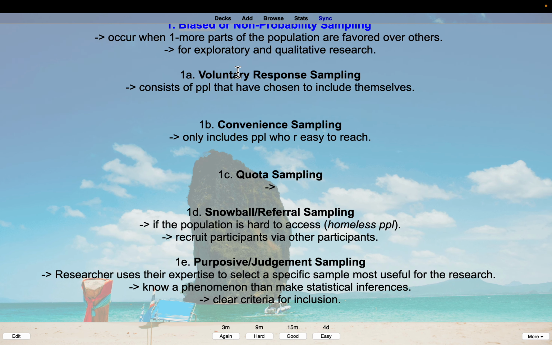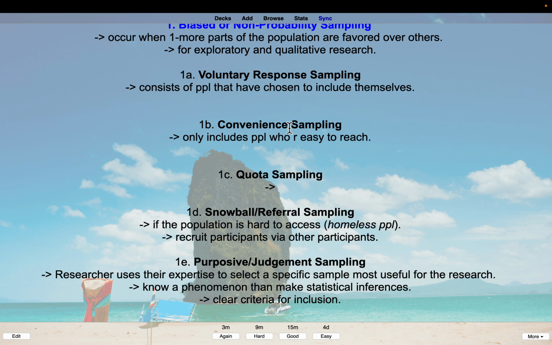So voluntary response means, well, it consists of people that have chosen to include themselves. So from the word voluntary, respondents have chosen to include themselves in the study on their own. Convenience sampling, on the other hand, from the word convenience, usually your respondents are people who are easy to reach.